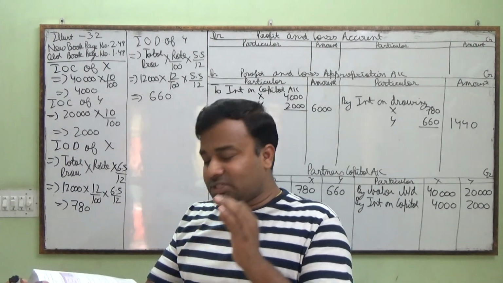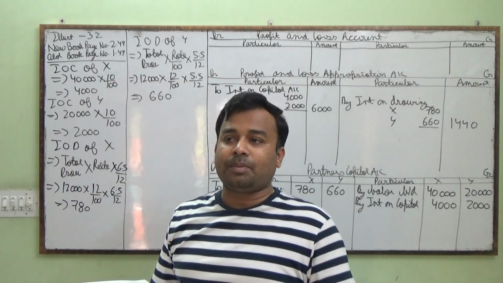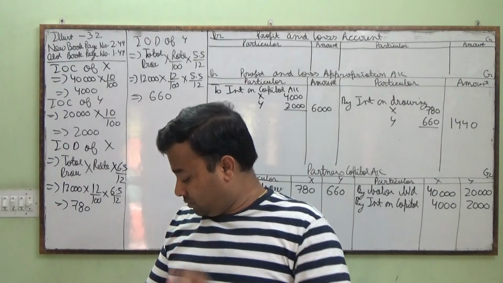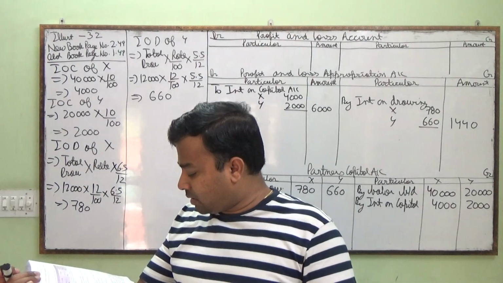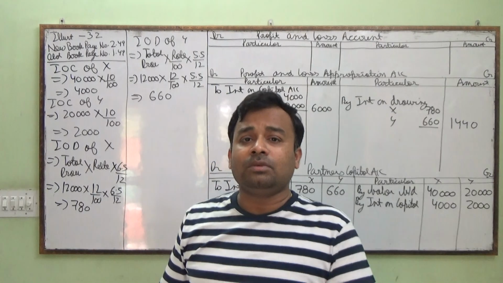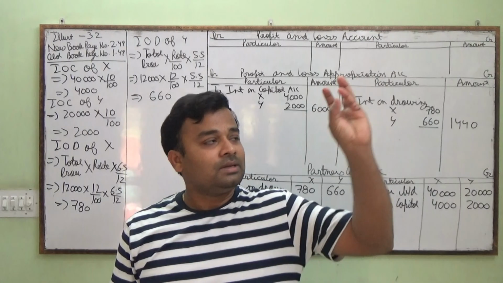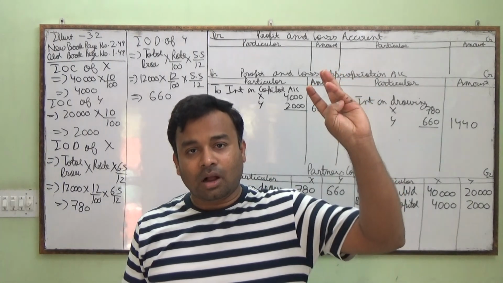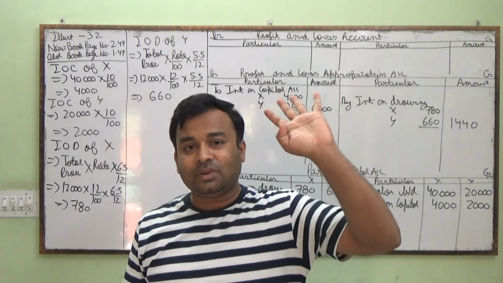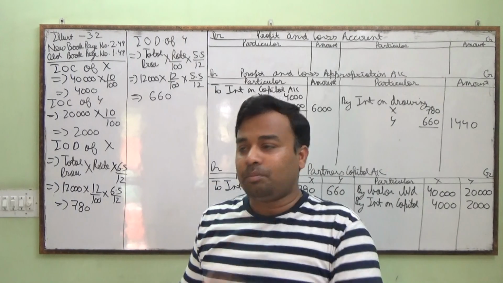Interest on loan is not given in this question, so we will provide interest on loan to the partner at 6% per annum. The loan was given on 1st August, so interest will be given from 1st August to 31st March. How many months? August, September, October, November, December, January, February, March: 8 months.